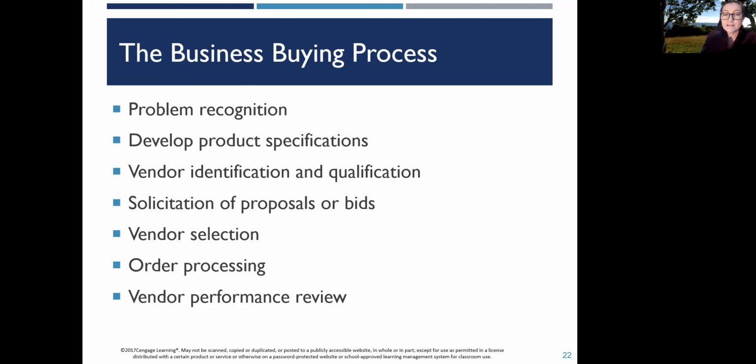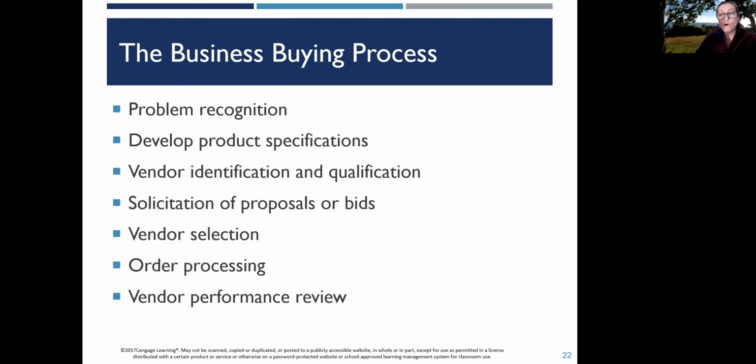Okay, so we start with the problem recognition. Then we're going to take a step to develop product specifications. From there, we're going to identify who are the potential vendors that we can buy our needed product from, right? Then we're going to put out a call for bids, right? So we're going to solicit proposals. We're going to call for bids.